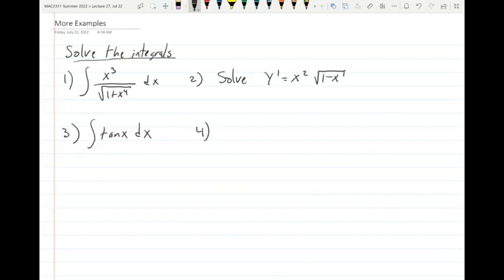Let's do the square root of 2x minus 1. Okay, so that one is fine.